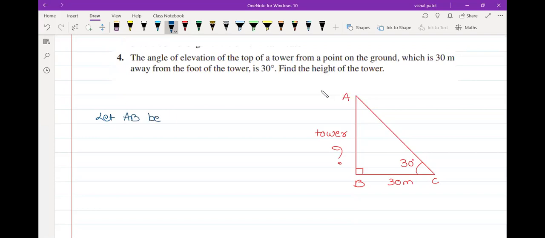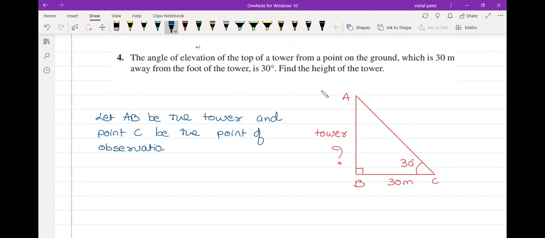Let AB be the tower and point C be the point of observation. Point of observation means from where you are seeing the tower.